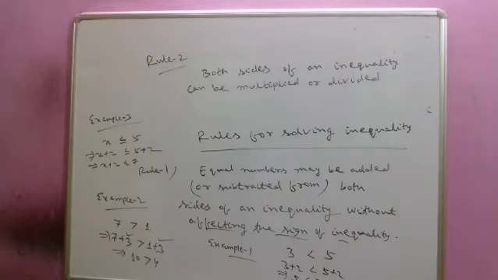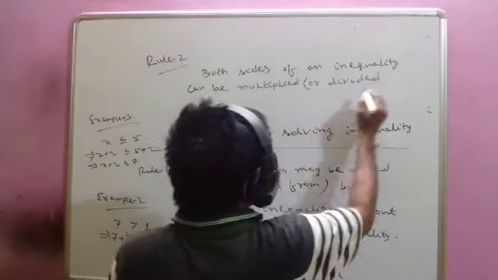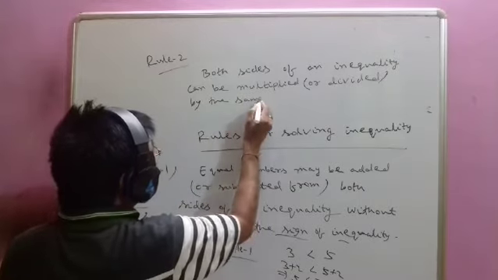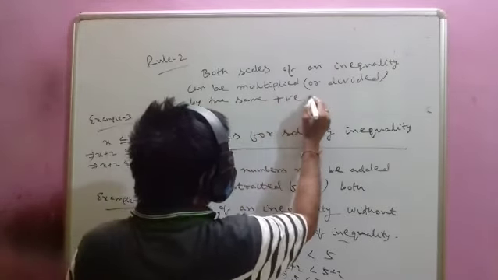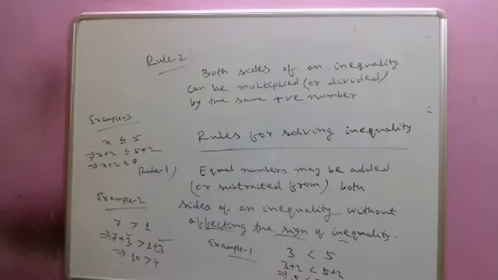Okay, let us take multiplied or divided by the same positive number. Both sides of an inequality can be multiplied or divided by the same positive number.